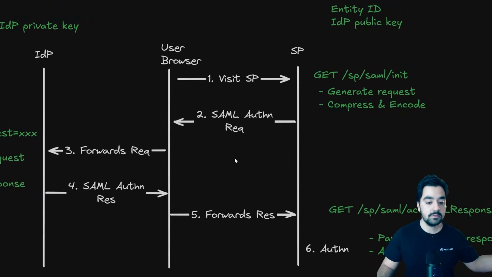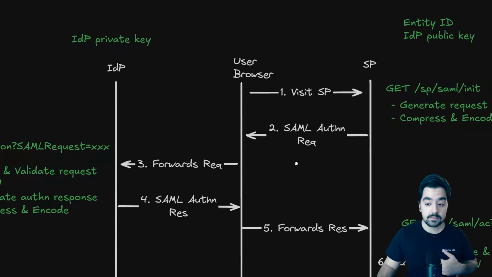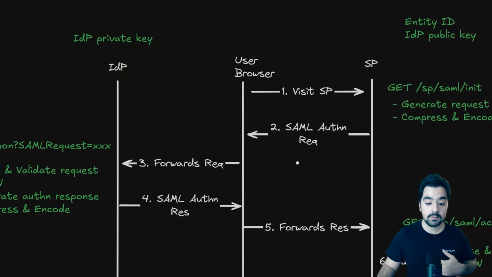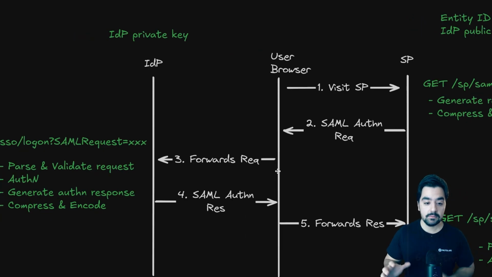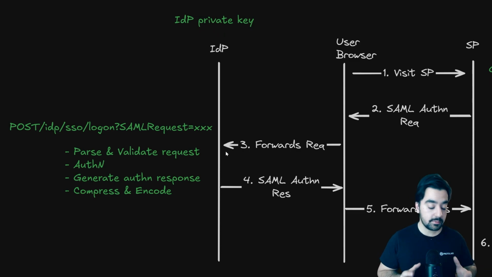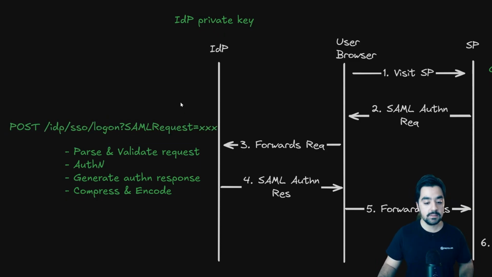With a redirection status code, 301 or 302, the user browser is going to redirect the user to the identity provider. It's going to first of all land on the identity provider SSO login page, let's say the IDP SSO logon, which sends the authentication form to the user.